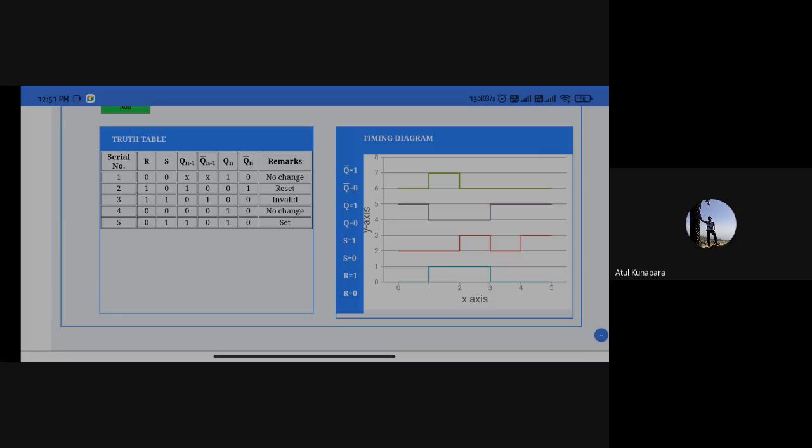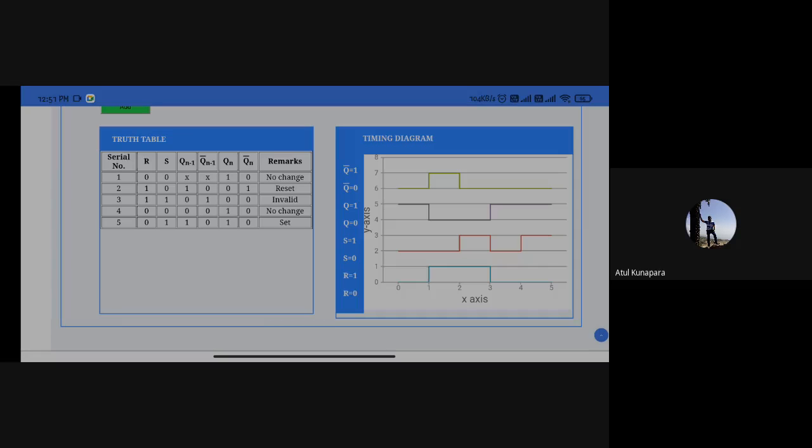So Q bar is 0 and Q is equal to 1. That is the initial condition. At that time, R is 0 and S is 0. That is for the first timing step, 0 to 1. Blue signal is for input R, red is for input S. This purple signal is for output Q, and this green signal is for Q bar. So accordingly, you can see the timing diagram also.